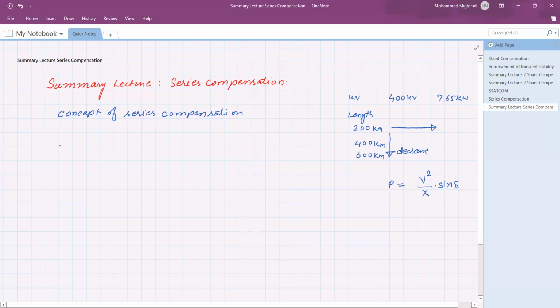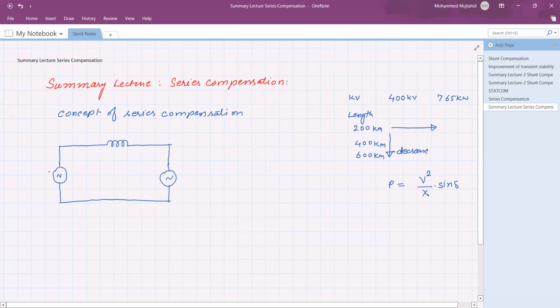We know that the transmission line is represented by the two machine system. Let us restrict ourselves to the two machine system for better understanding. This is the two machine system, where one end is the sending end and the second is the receiving end.